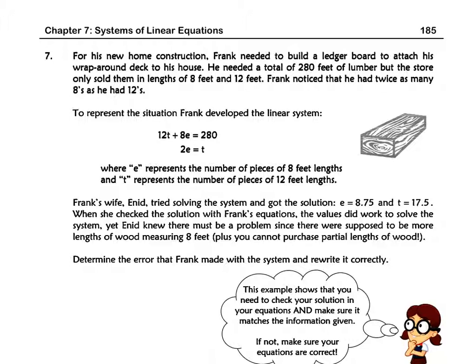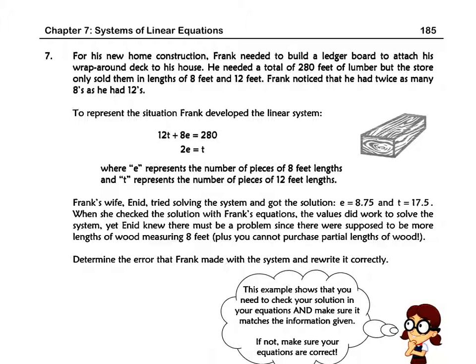E represented for him the number of pieces of 8 foot lengths, and T represents the number of pieces of 12 foot lengths. So Frank's wife Enid tried solving the system and got the solutions E equals 8.75 and T equals 17.5. And when she checked the solution with Frank's equations, the values did work to solve the system, yet Enid knew there must be a problem since there were supposed to be more lengths of the wood measuring 8 feet.